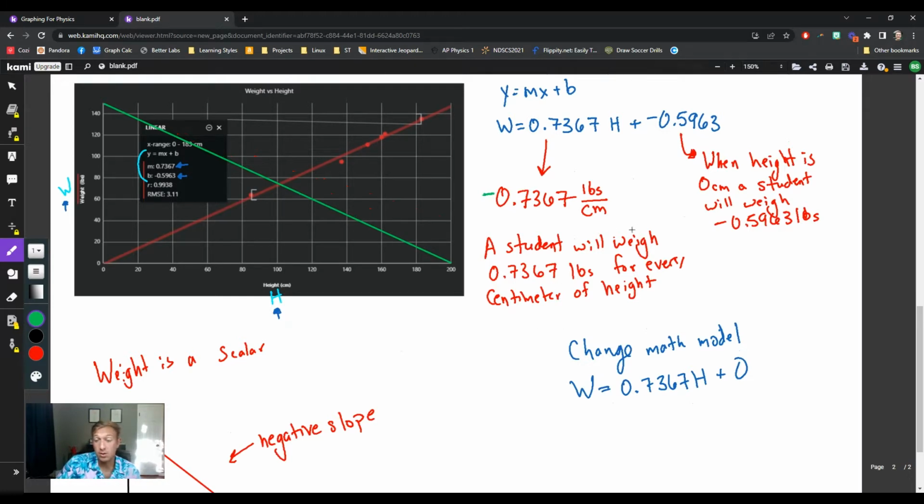So a student will lose 0.7367 pounds for every centimeter they gain in height. And that's a weird example because that doesn't particularly make real physical sense. But basically, we just have to think about how that decreasing weight affects the way that we talk about our problem here.